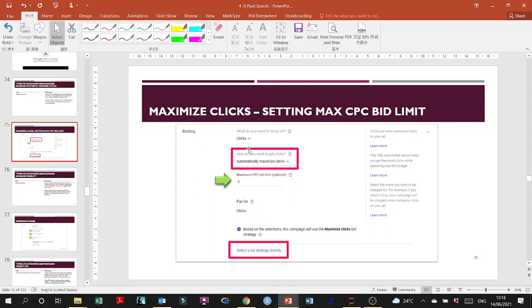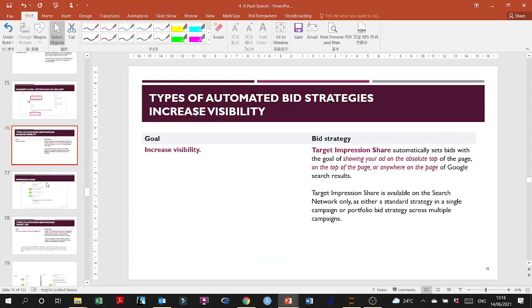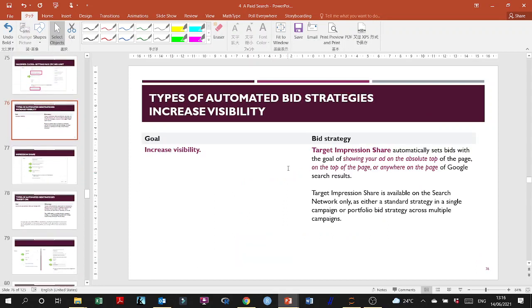So you have clicks, and you have the maximum CPC bid limit. This is optional, so you could put it in there or not, and you have a certain budget that you set up. This is what Google optimizes. Within $5 a day, maybe they can get you 5 clicks if they manage the CPC to be $1. They can get you maybe more if the CPC is $0.5.